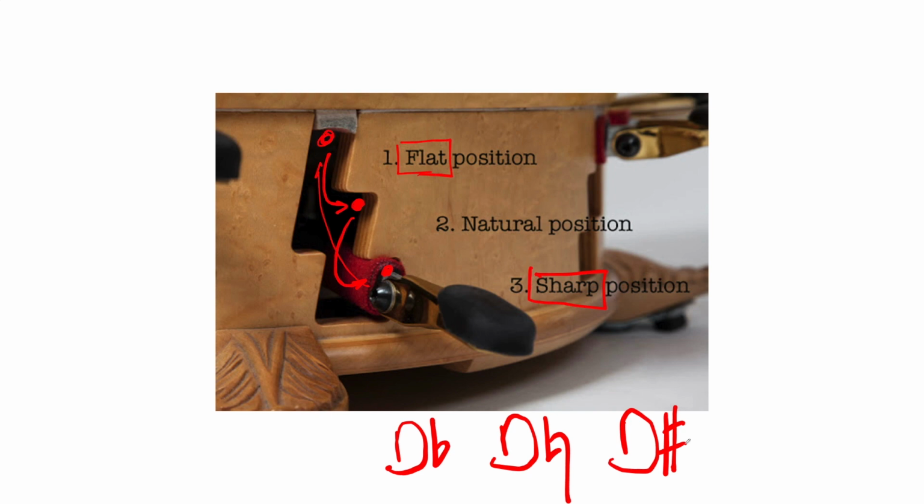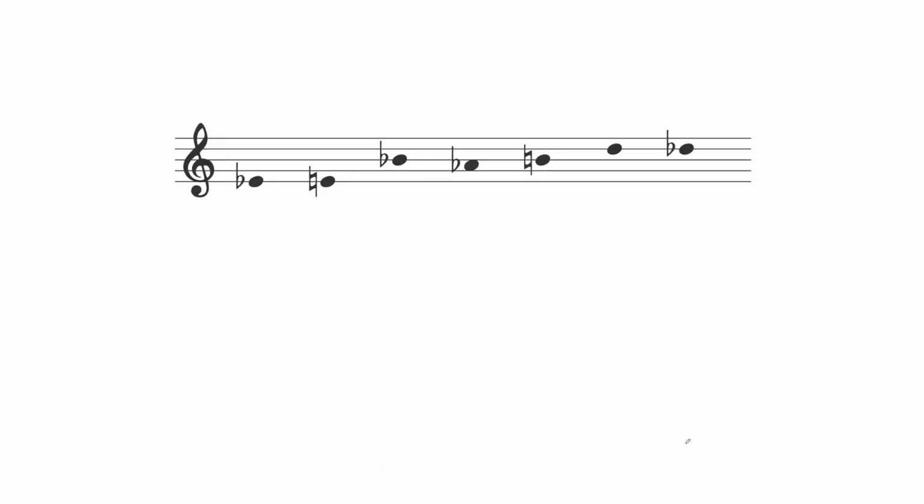This is the primary limitation of the harp. This limitation affects the playability of some passages. For example, such a passage in which we have successive chromatic alterations are very difficult, if not impossible, to play on the harp.